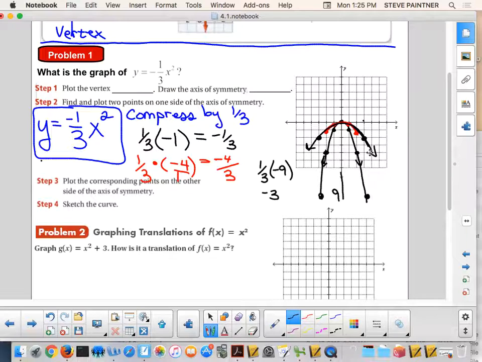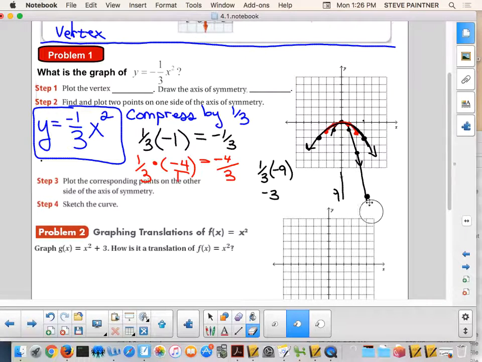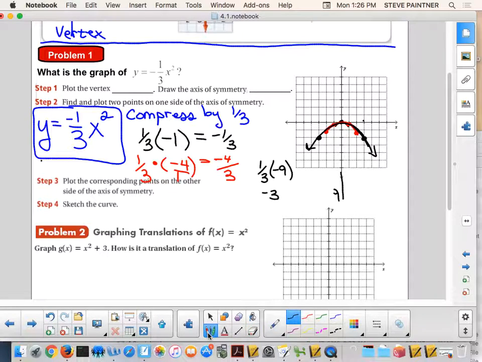Yours didn't. Let me erase this parent because this parent might be messing you up. Okay, and there's your graph right there. That's you. So this would be negative 1/3 x squared, with a negative in front. You okay with that? I forgot to write this.